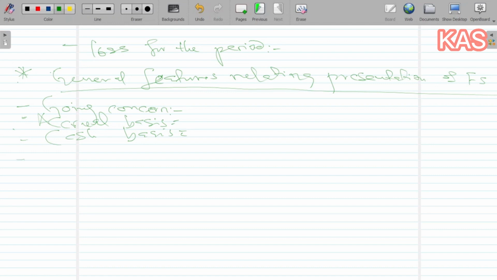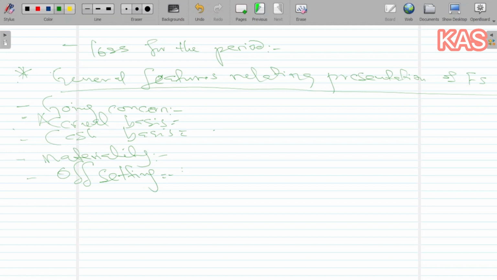The next one is materiality. Then we have offsetting. IAS 1 does not allow assets and liabilities to be offset, or income and expenses. What this is saying is you can only offset asset against asset, liability against liability, income against income.